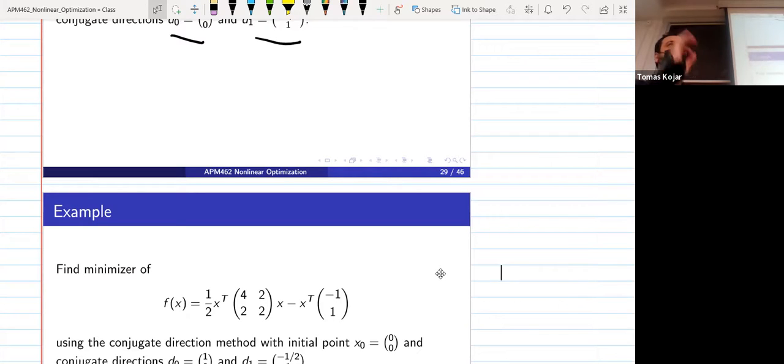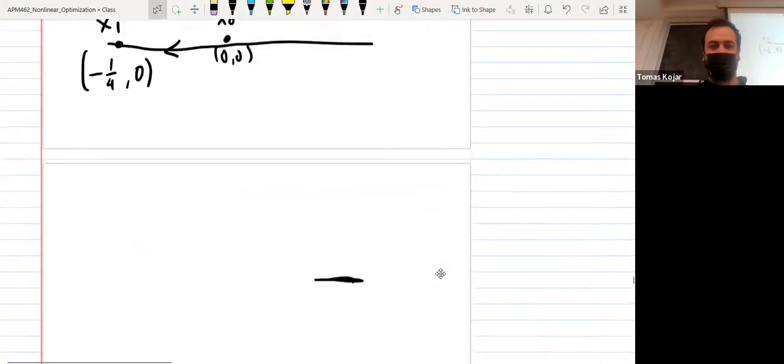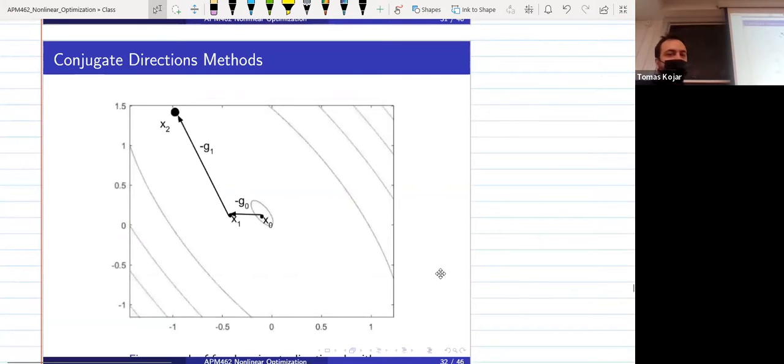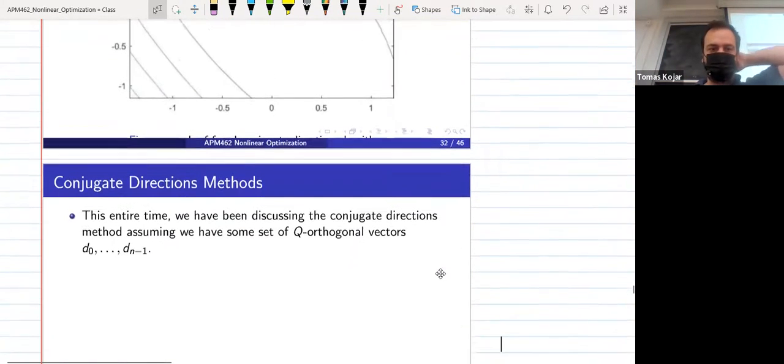That's a perfect question for the final, because you have plenty of time, to get tortured, to learn. So this is the method. It went from 0, 0 to -1/4, and then to the minimizer, -3/2. Two steps at most.